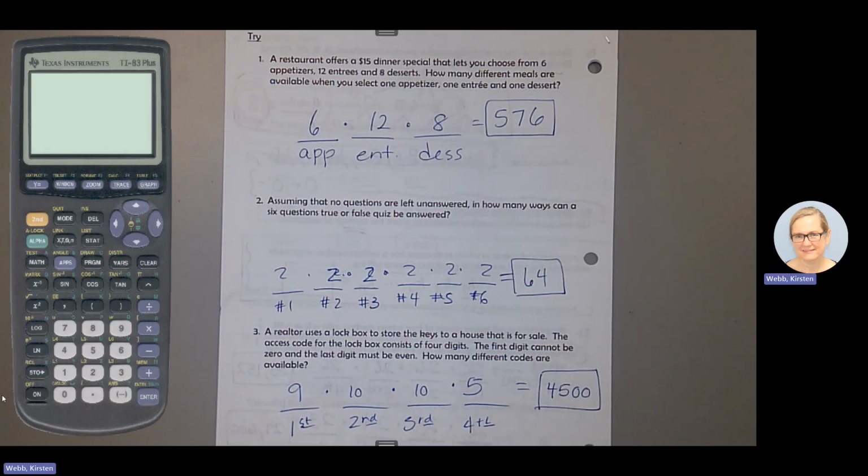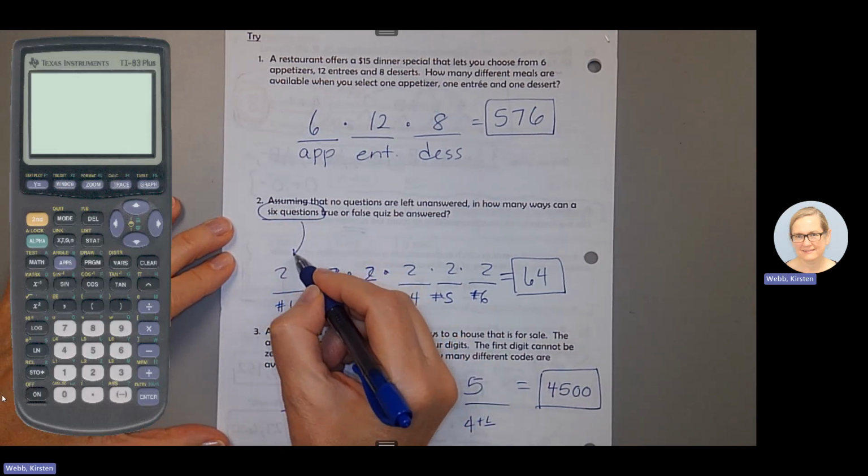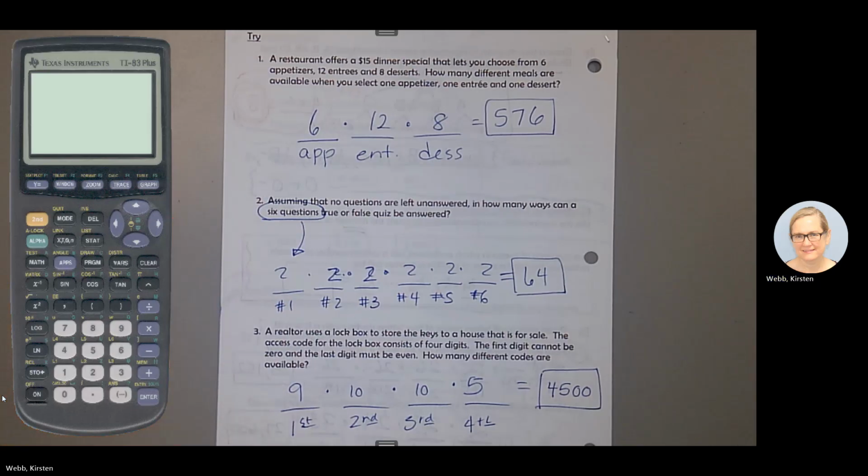Sometimes number 2 is a little tricky the first time you see something like this. Why 6 numbers? Why 6 blanks? 6 questions. Okay, so for each question, we're wanting to think about the number of options. Why do we have 2 in each blank? True or false, 2 options for each question, that's right.